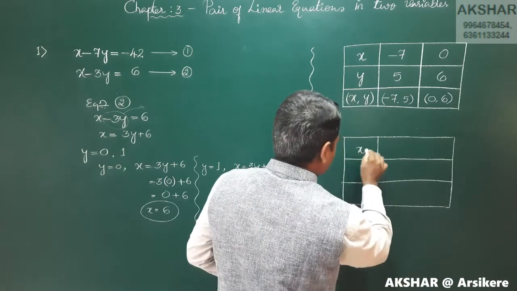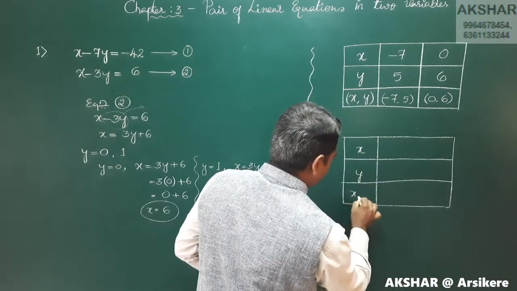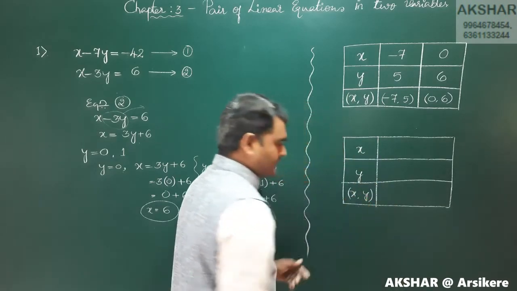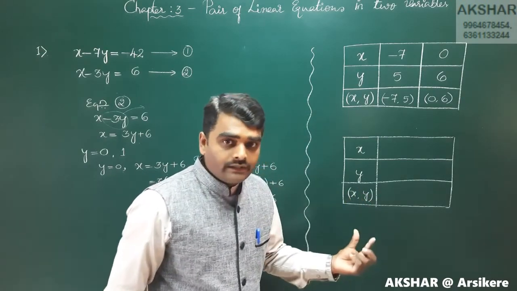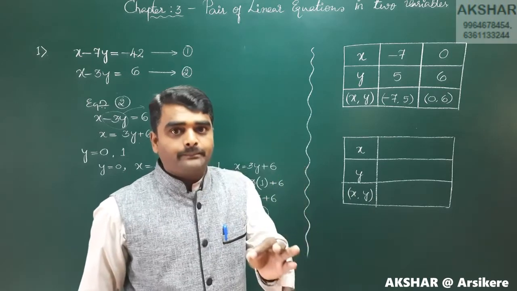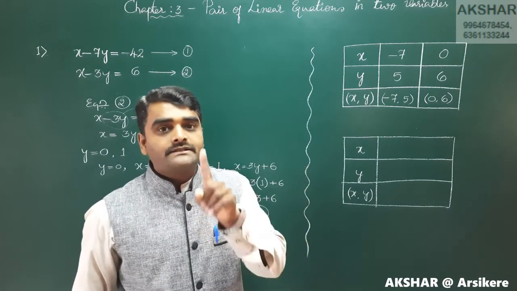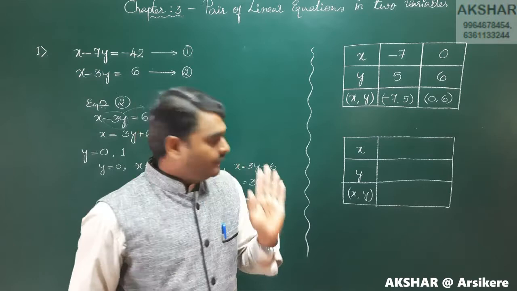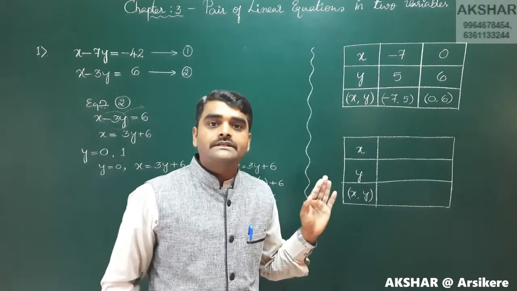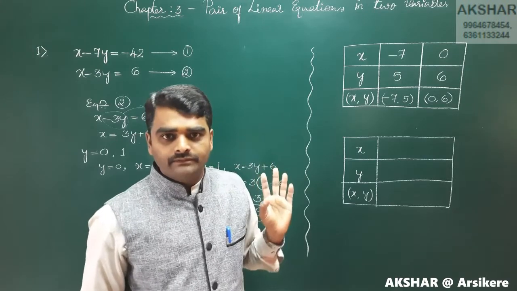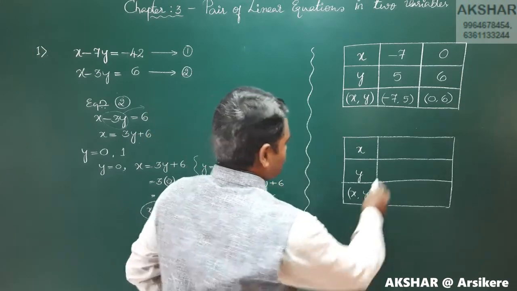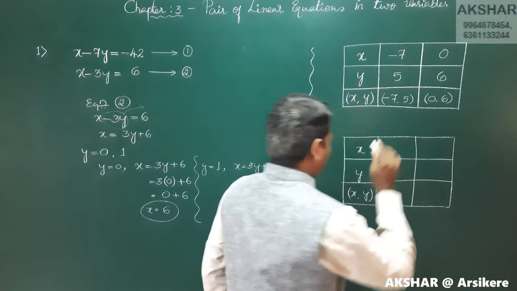This is x, y and x comma y. This is called coordinates. The coordinates should be represented as x comma y only. It won't be y comma x anywhere at any time. Always it is x comma y only. Okay, my dear children? See, observe here.